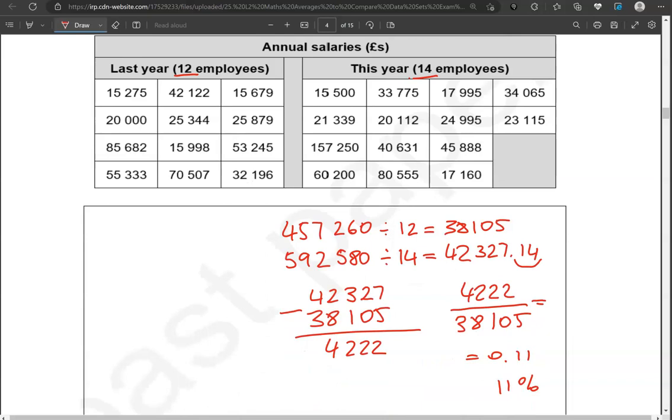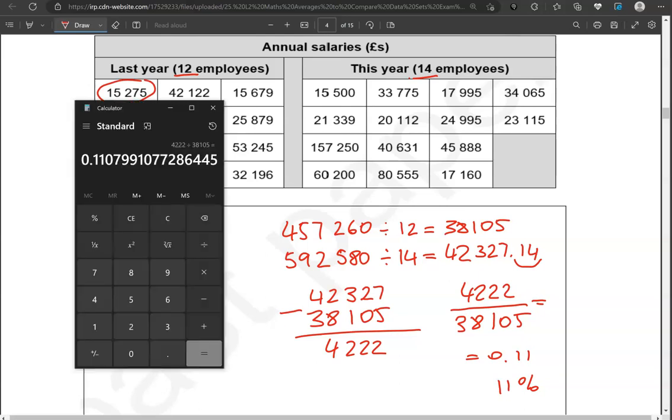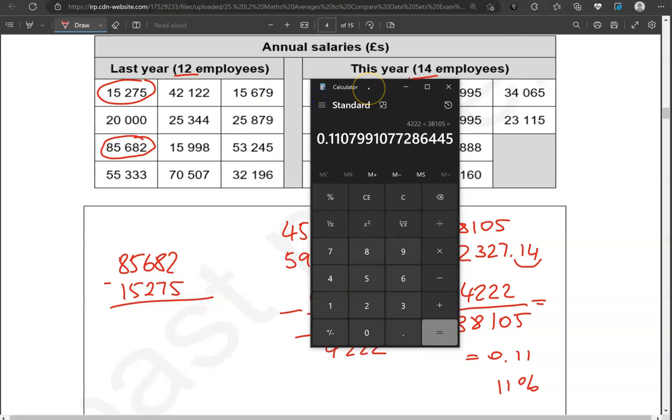For last year, the highest earner got 85,682 and the lowest earner got 15,275. And that gives us 70,407.